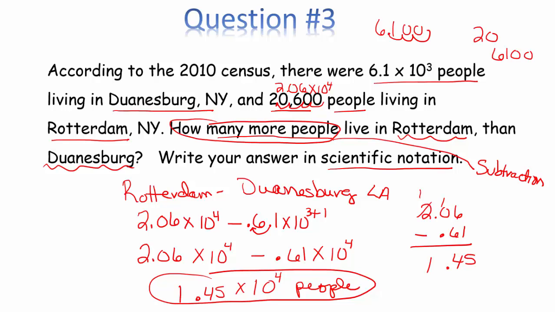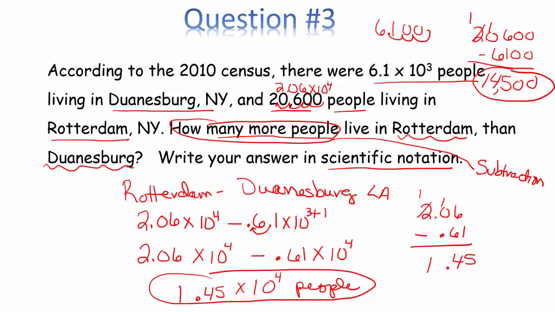We have 20,600 people living in Rotterdam. We're going to go ahead and subtract those off. 0, 0, 6 minus 1 is 5. 10 minus 6 is 4. So there should be 14,500 more people living in Rotterdam than Duanesburg.